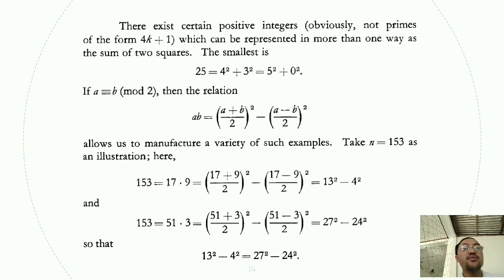So we have the square of (51 plus 3) over 2 minus the square of (51 minus 3) over 2, which equals 27 squared minus 24 squared.